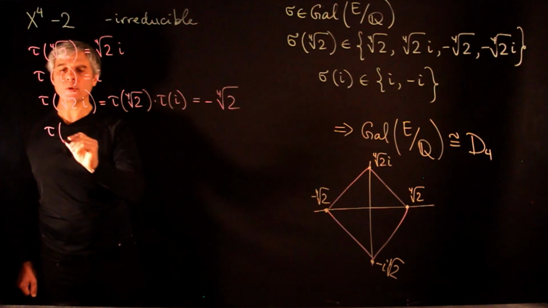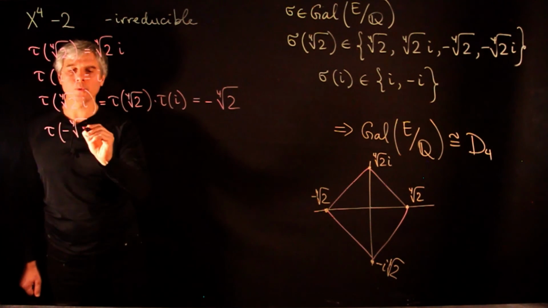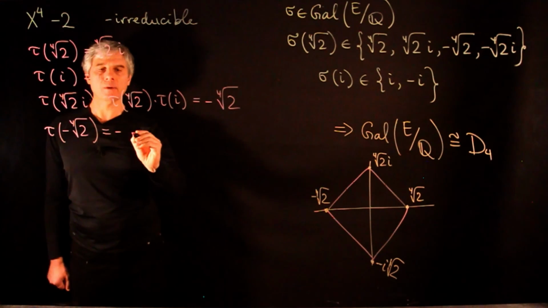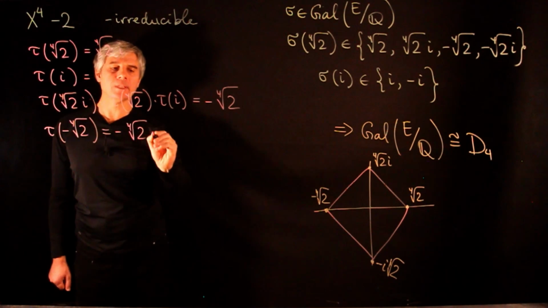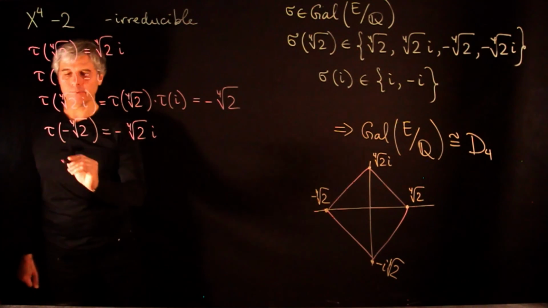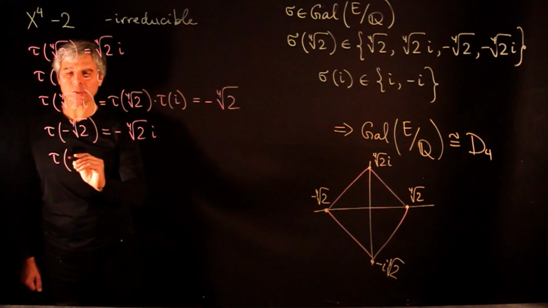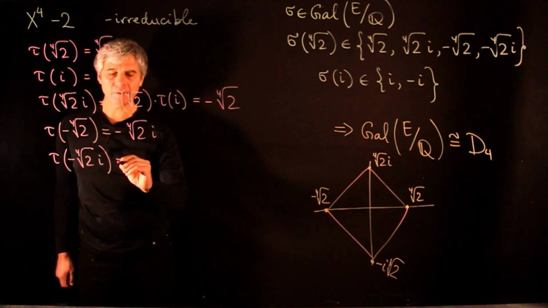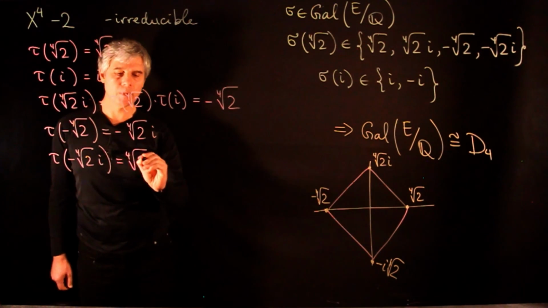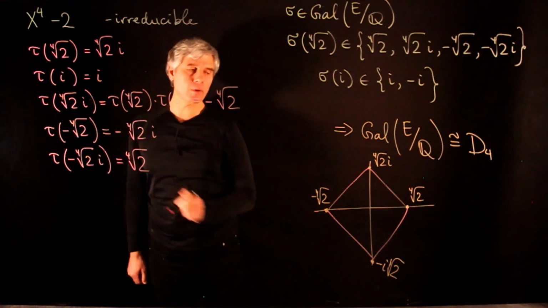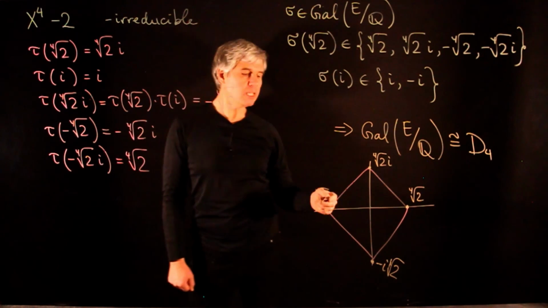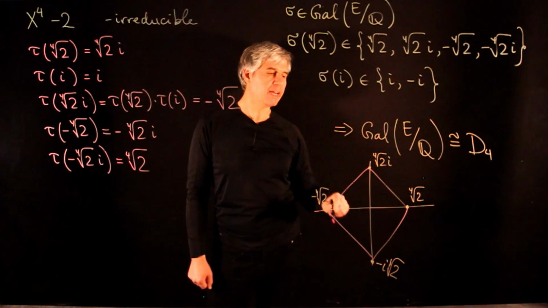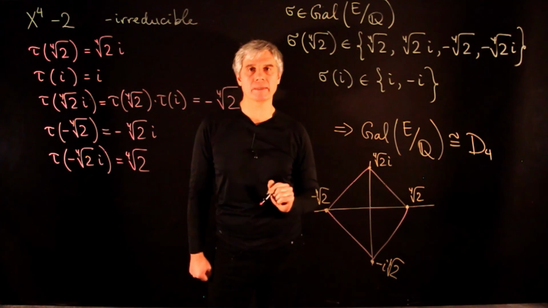Then what is tau of minus fourth root of 2? Well, by linearity, this is minus fourth root of 2 times i. And finally, tau acting on the last root, minus fourth root of 2 times i, will give us fourth root of 2. What is the geometry of this transformation? So we see that tau is a rotation of the square by 90 degrees counterclockwise.